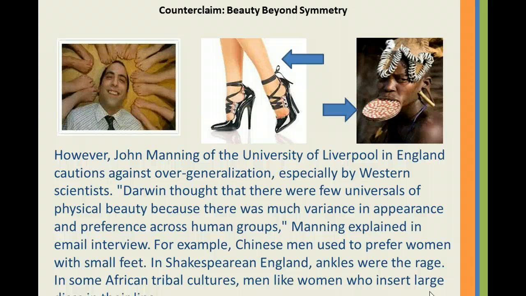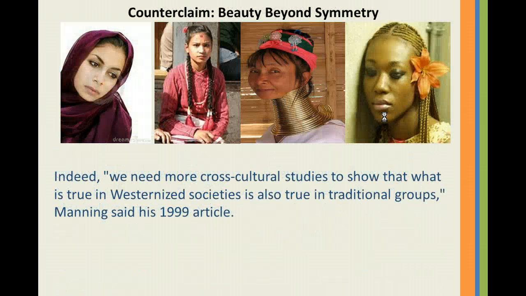In Shakespearean England, ankles were the rage. In some South African tribal cultures, men like women who insert large discs in their lips. "Indeed, we need more cross-cultural studies to show that what is true in westernized societies is also true in traditional groups," Manning said in his 1999 article.